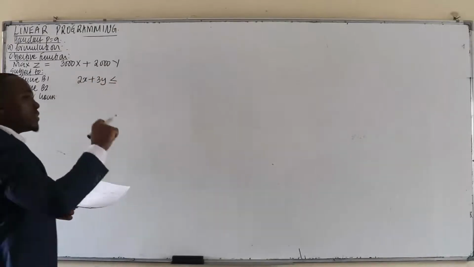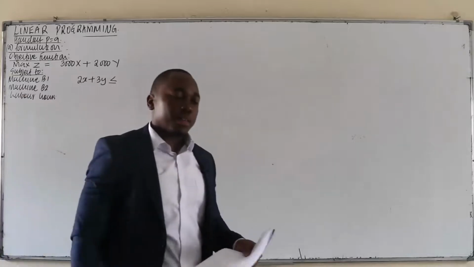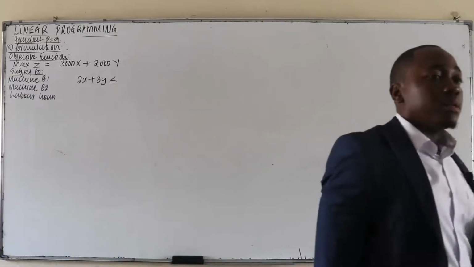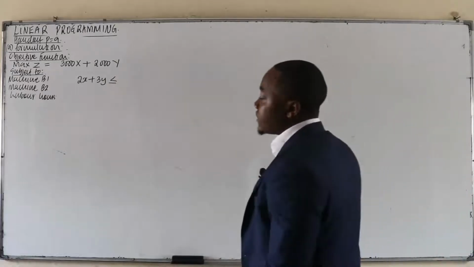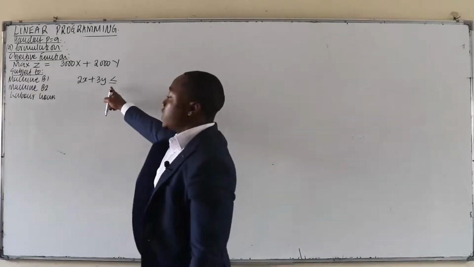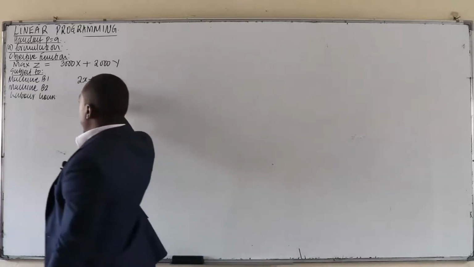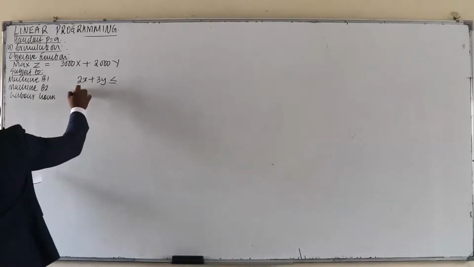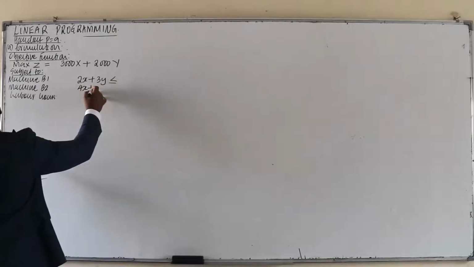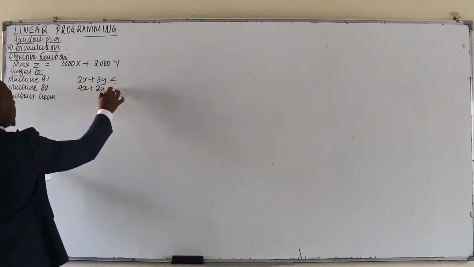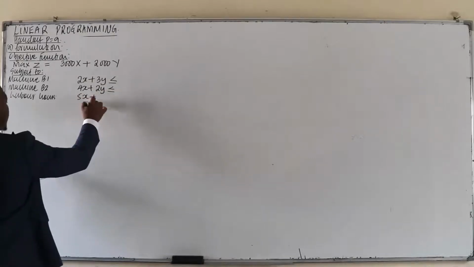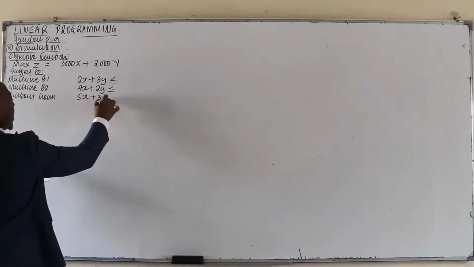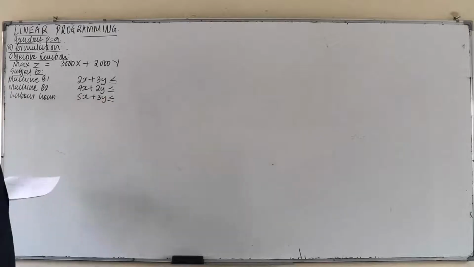When the objective is to maximize, you use less or equal to inequalities. We do the same for machine B2: 4X plus 2Y should be less or equal to. For labor hours, 5X plus 3Y should be less or equal to.